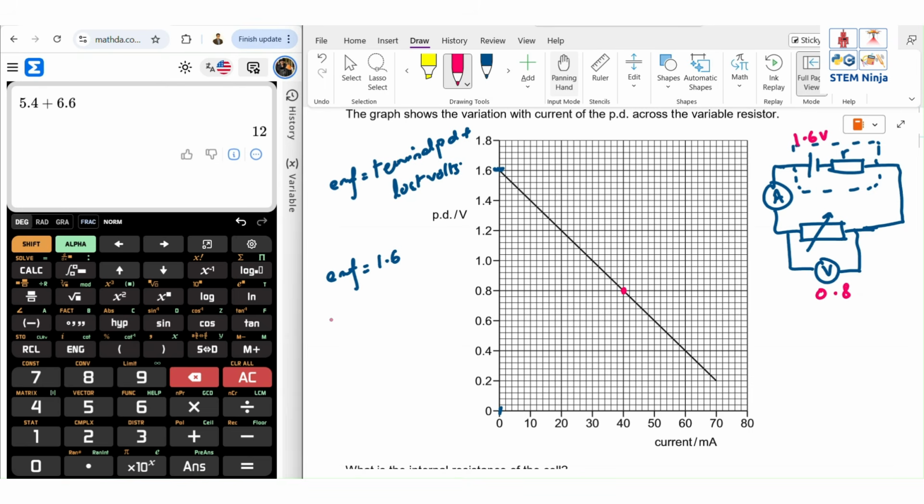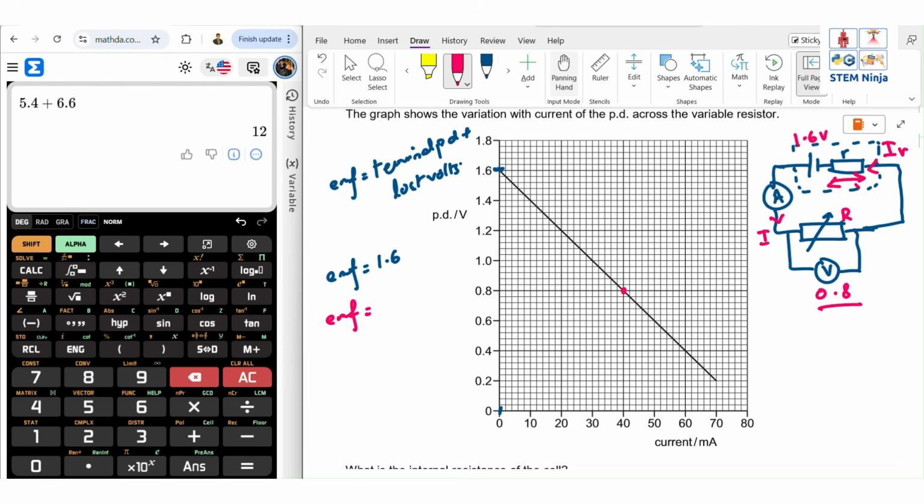So EMF remains as it is, but terminal potential difference depends on the current flowing through over here and the R of this one. We don't need that because we already have IR over here, but the I small r due to this thing is also being used over here.